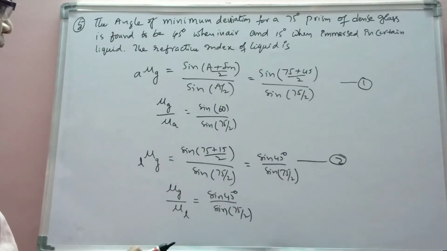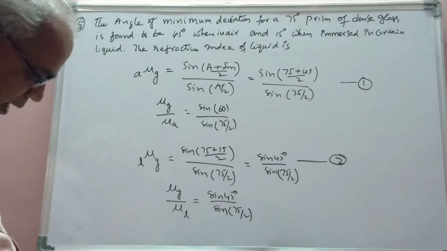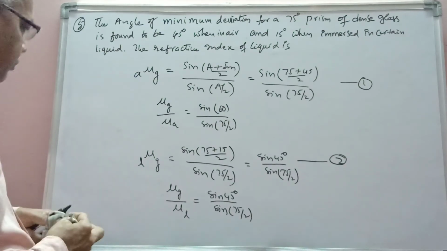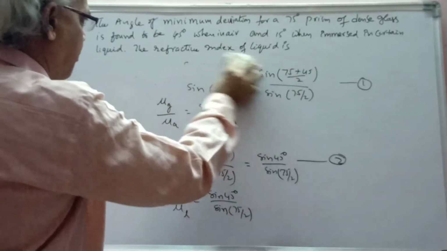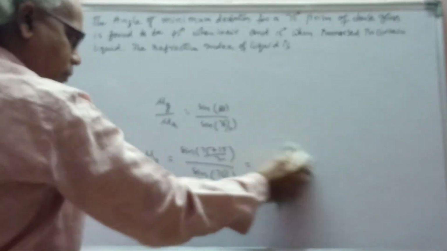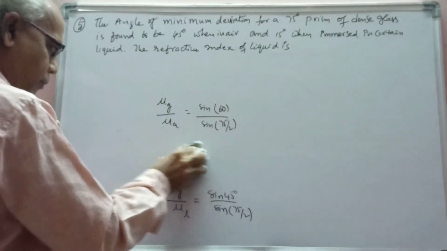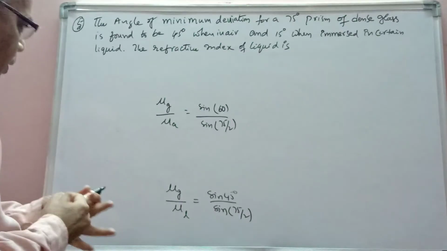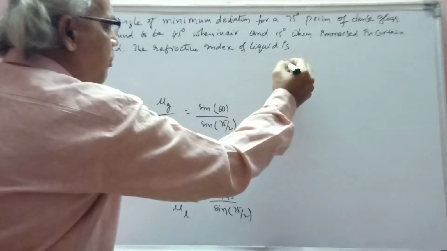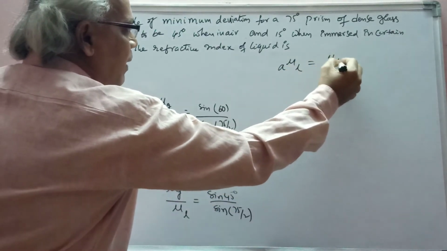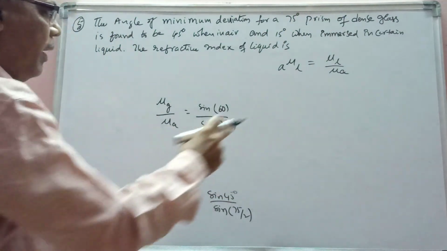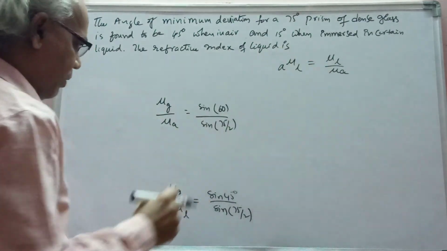So we simplify equations 1 and 2, and then we can find the refractive index of the liquid with respect to air, that is A mu L, which is mu L by mu A. How?